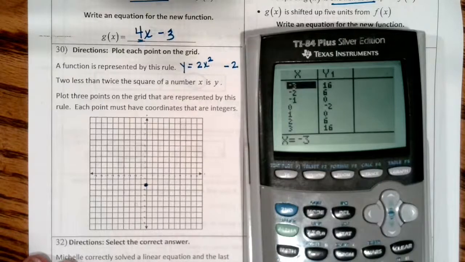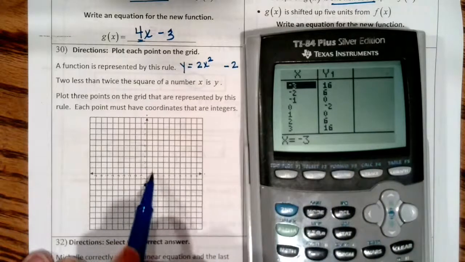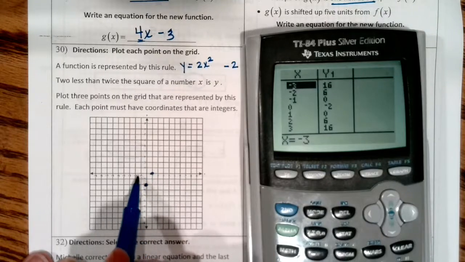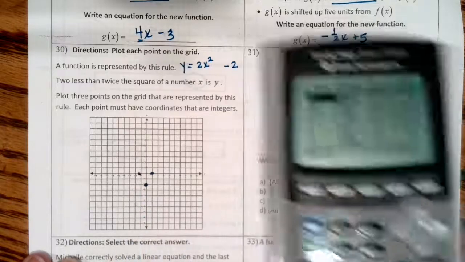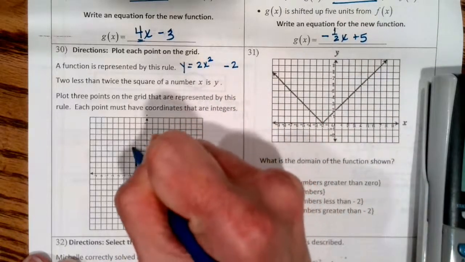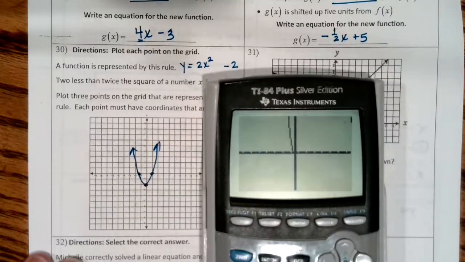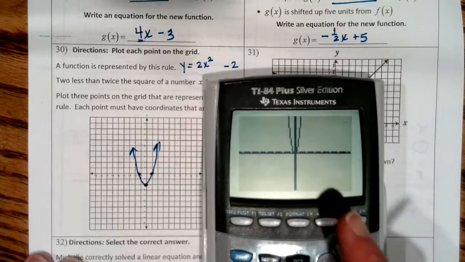When I go to my table of values, here's my 0, negative 2, and 1, 0, and negative 1, 0. This is a graph that's called a parabola. It's a curve up. We're going to talk about these in the spring. If you press graph, you can see what the graph looks like.